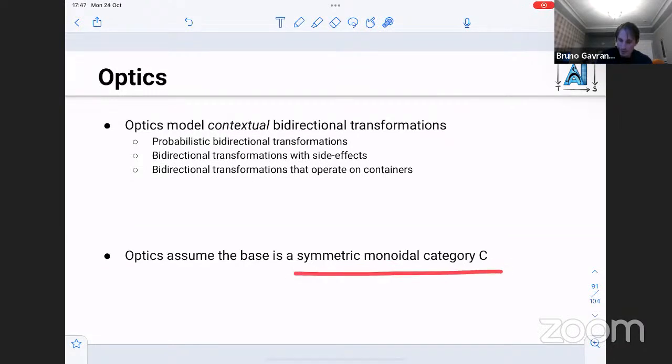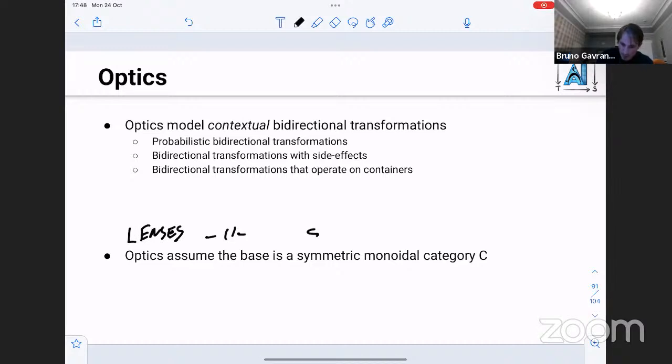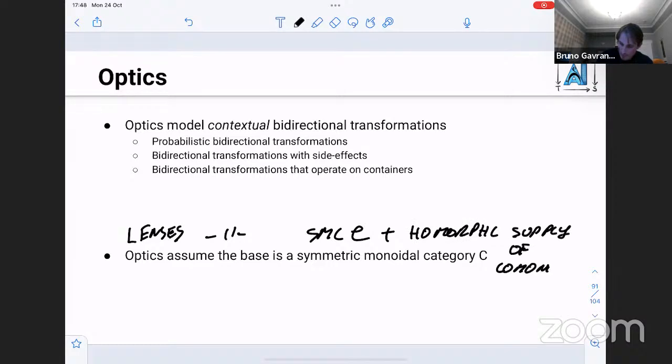It assumes merely a symmetric monoidal category C. So remember, lenses assume a symmetric monoidal category C plus a homomorphic supply of comonoids. But optics just require a symmetric monoidal category C.